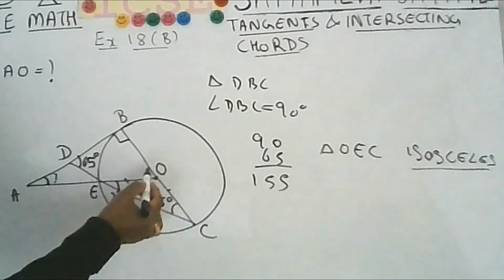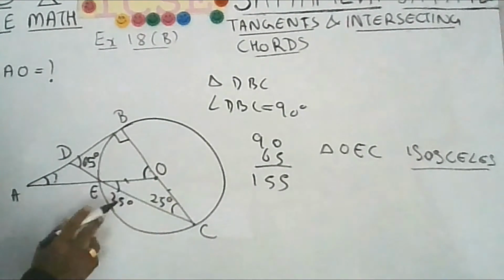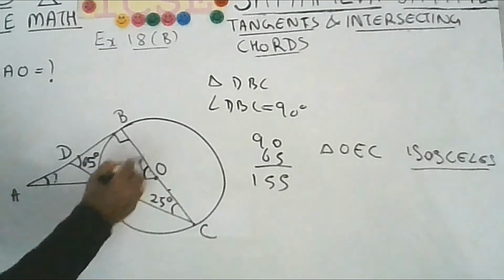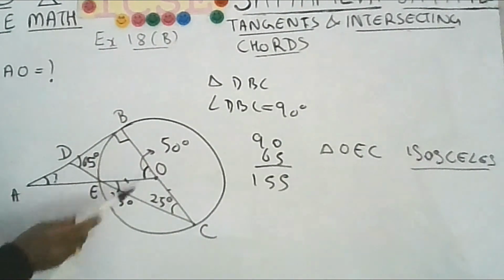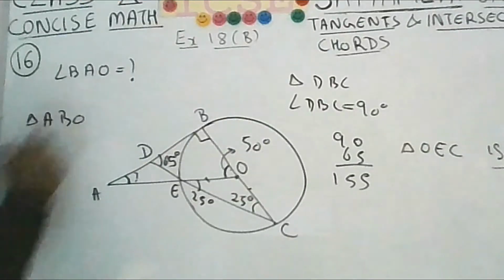So this angle, that is the exterior angle, will be equal to the sum of the opposite interior angles. So this is 25, this is 25, so this angle will be 50 degrees. Once you get this angle, in triangle ABO you can make use of the angle sum property.